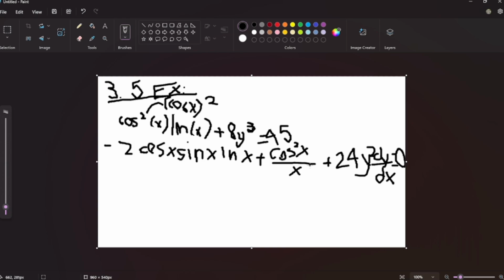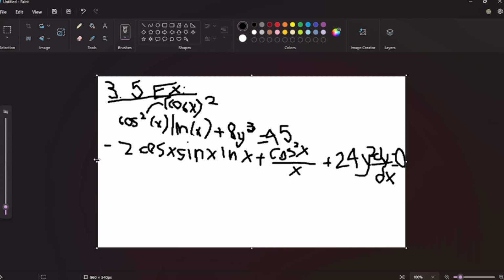And then, of course, with the implicit differentiation and power rule, you just multiply 3 times 8, 24, minus 3, or 3 minus 1. It's going to give you 2. And then you put the dy over dx because it's a y. And then you make that equal to 0 because 45 has a coefficient, so it's 0.